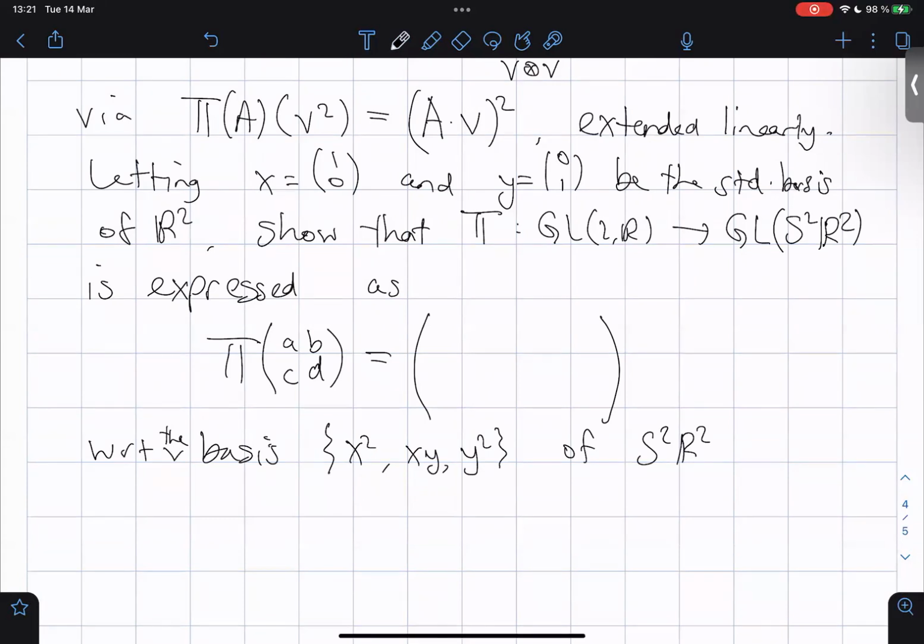So pi of this capital A, I have to describe a 3 by 3 matrix. Here are the components: a squared, 2ac, c squared in the first column, then ab, bc plus ad, cd, and then the last column.